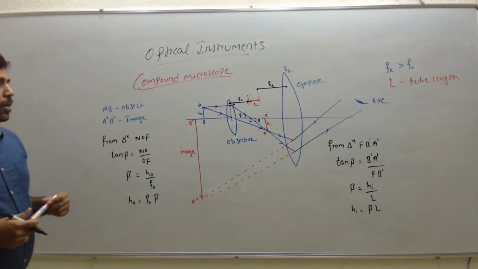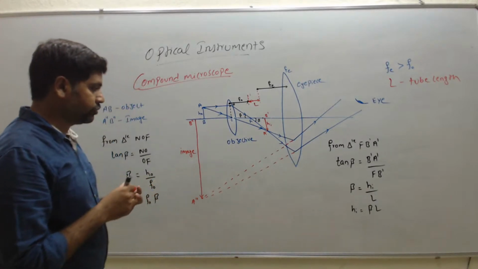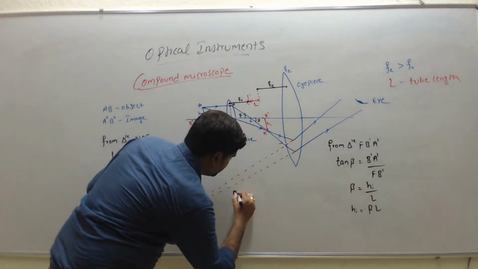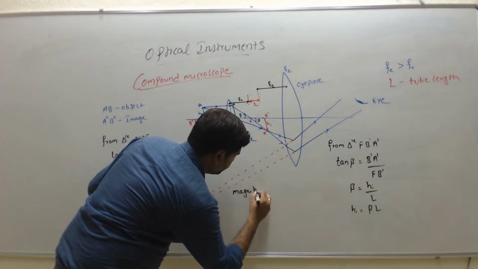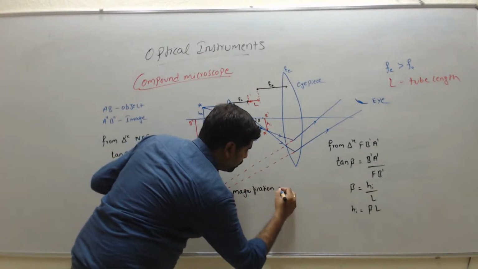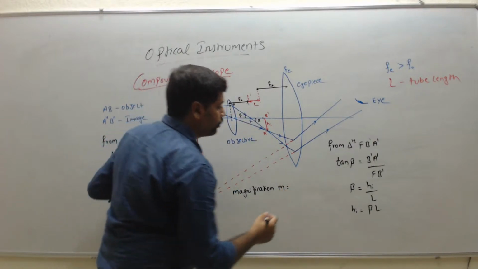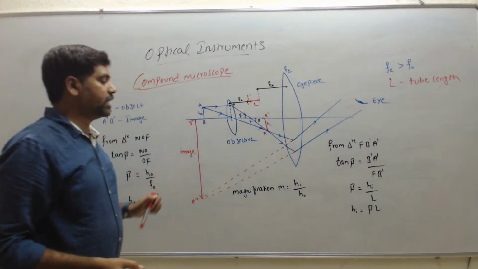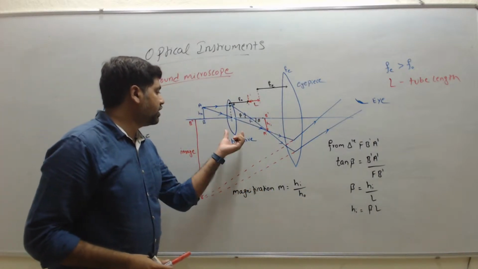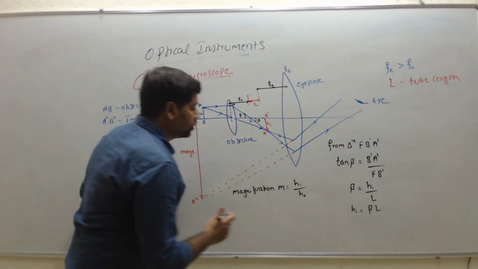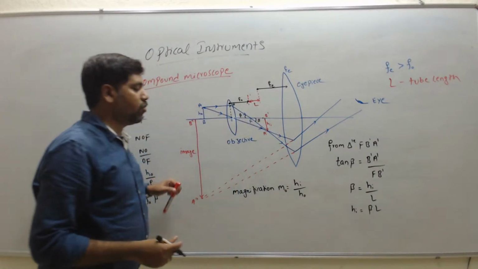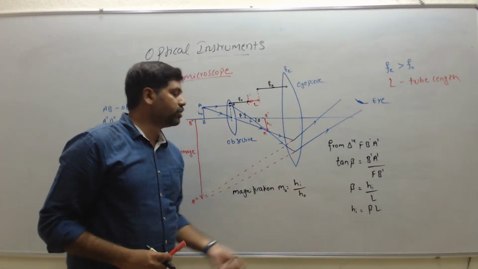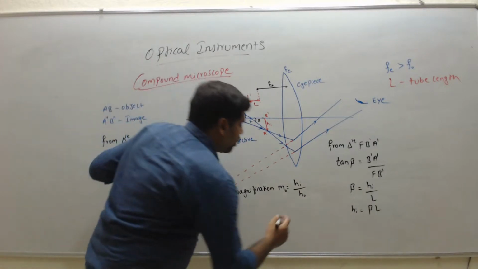Right? So next, from magnification, M is equal to height of the image to the height of the object. This magnification is the magnification of the objective, that's why it's taken as MO. So MO is height of the image to the height of the object.